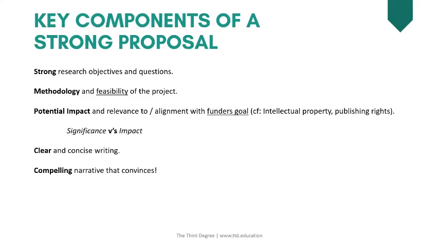They want to look at the potential impact. So you have to showcase potential impact and the relevance to, or alignment with, the funder's goals. This is not what I want from my research. That's one side. But I've got to showcase that I am aligning with the goals of the organization that's offering me money. If my research is going to disprove something that they have done for a very long time, we don't have alignment.